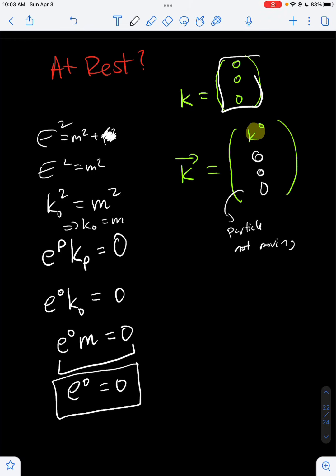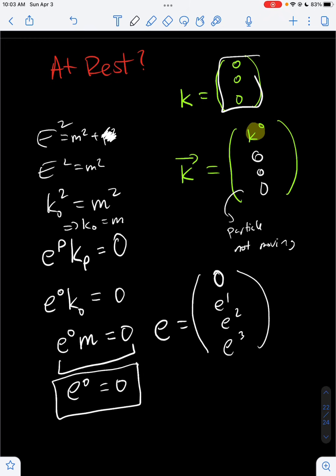So if our particle is at rest, E naught just has to be 0, and we're good. So E is just E naught, E1, E2, and E3, right? Our only condition we have here is that E naught just has to be 0. So this is sort of like a loophole in our rule where we still have 3, right? 3 or 2.